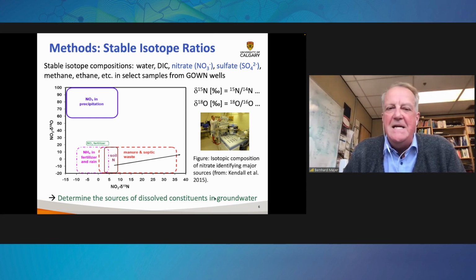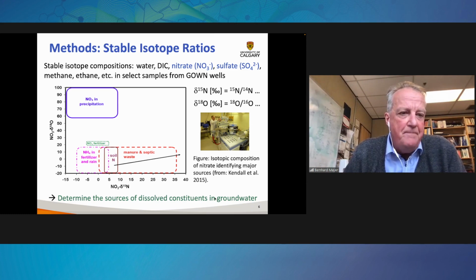A second tool we are using is analyzing the stable isotope composition of various compounds, such as water, DIC, nitrate, sulfate, methane, and ethane, in select groundwater samples, which are typically obtained from the groundwater observation well network. On these compounds, for instance nitrate, we always analyze the isotopic ratios of the 2 most abundant isotopes. The diagram you see on the left-hand side shows delta 15N values and delta 18O values of nitrate.